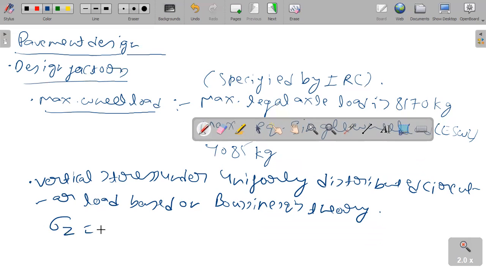Vertical stress, denoted by sigma Z, is equal to P times [1 minus Z cube upon (A square plus Z square) to the power 3 by 2].